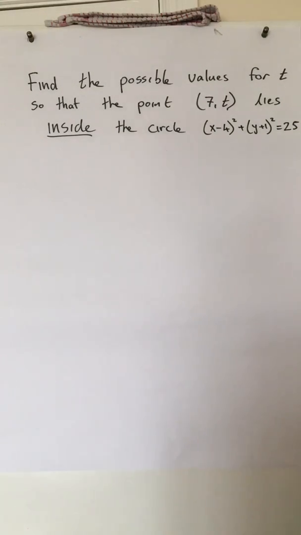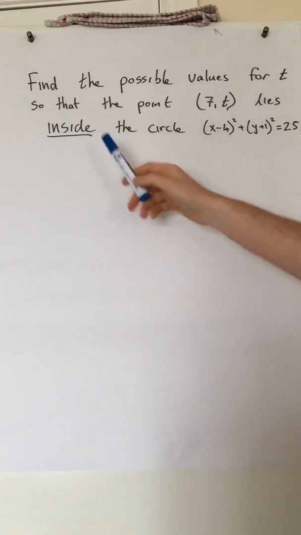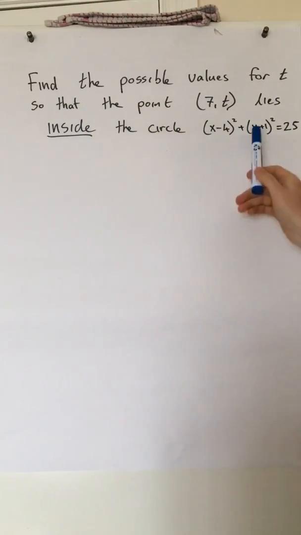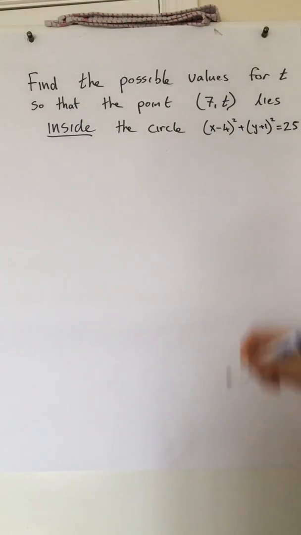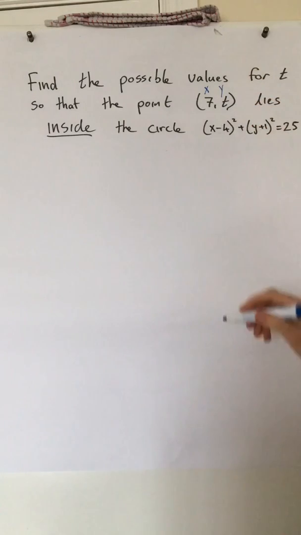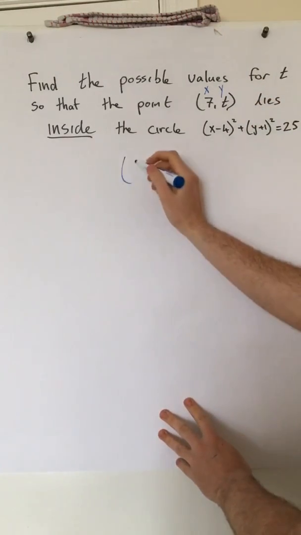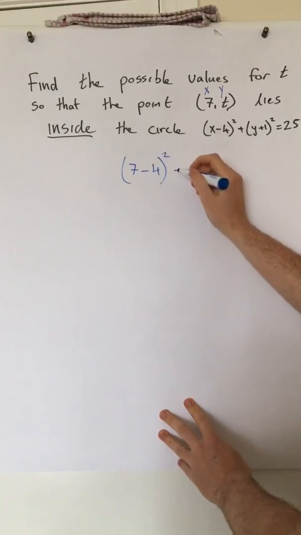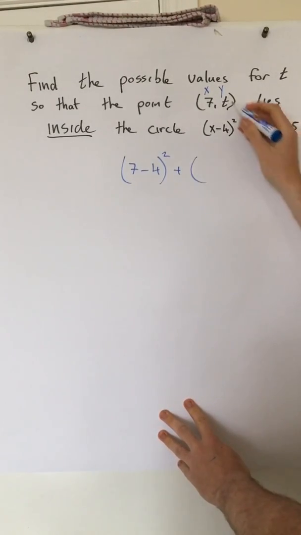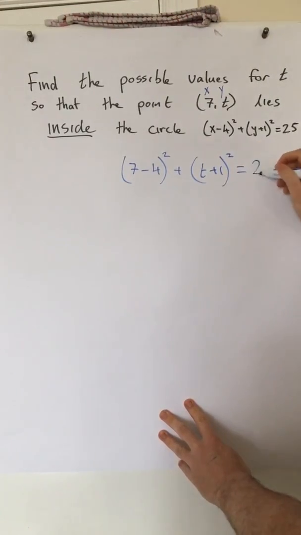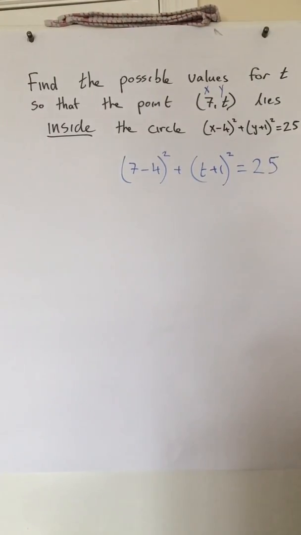Okay, to do this one, we want to find the possible values of t so that the point (7, t) lies inside this circle. I would do the exact same. I know 7 is my x value and y is my t value, so I would just put them in as normal. So it would be 7 minus 4 squared plus t plus 1 squared is equal to 25.